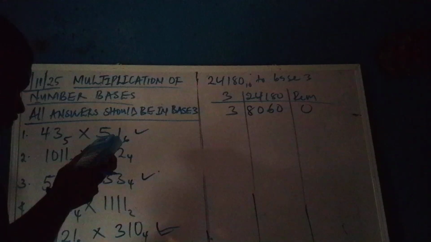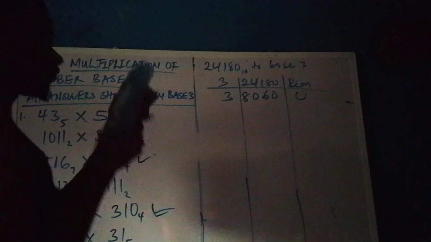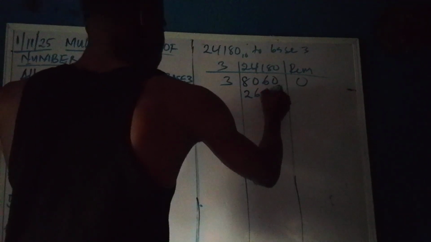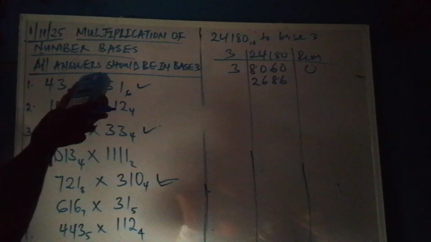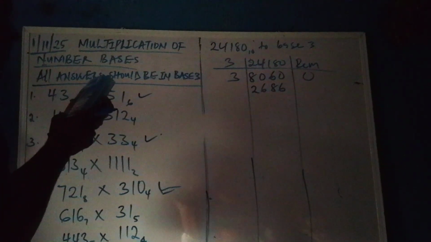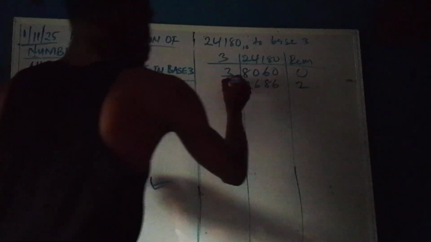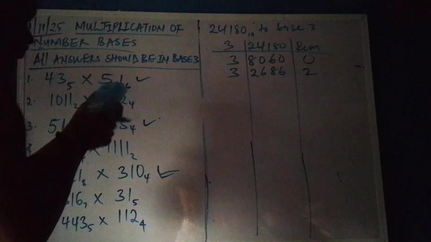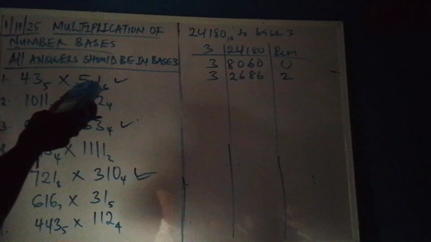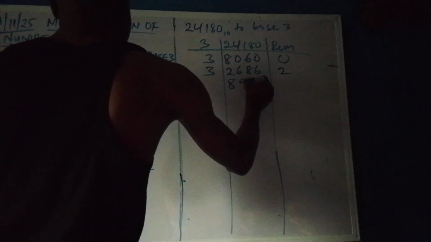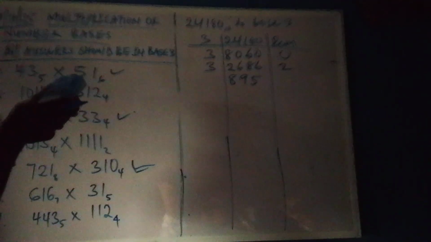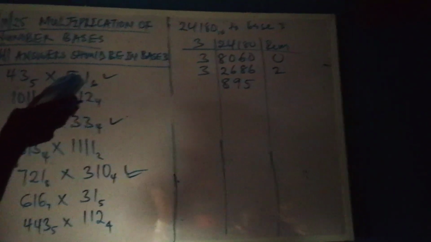Divided by 3 again is going to give us 2686 remainder 2, then by 3 again, 2686 divided by 3 is going to give 895 remainder 1.